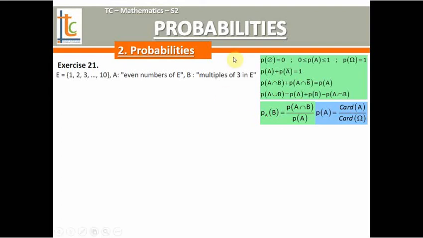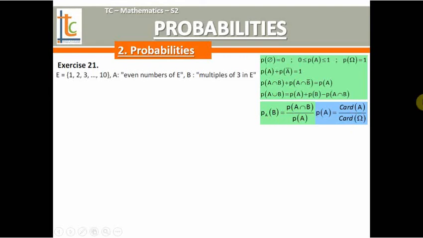I'm recalling all the formulas that we have and that we can use in such an exercise. So, general formulas here. The 3 rows are very important, of course. The formula in blue is available only in equally likely outcomes inside omega. And the new formula for conditional probabilities.